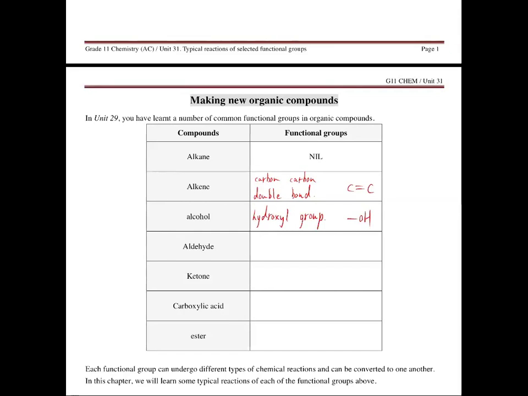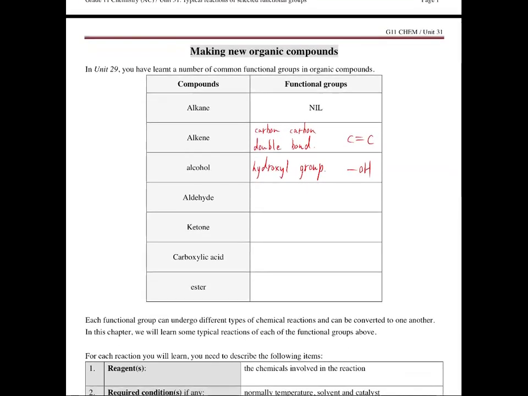And then the next one, we have aldehyde. Aldehyde has the C double bond to O, and this C=O must be at the end of the carbon chain, okay? So you need to write out this hydrogen to state that it's at the end of the carbon chain.